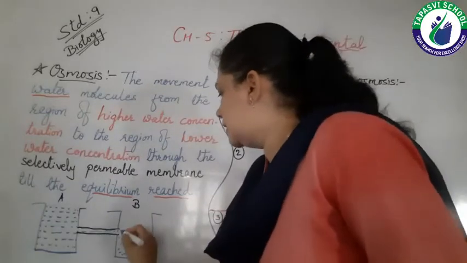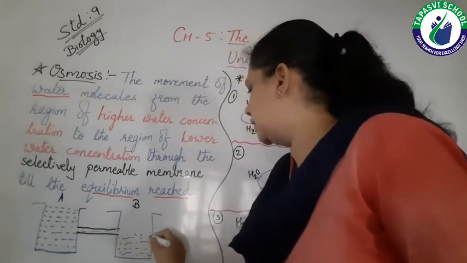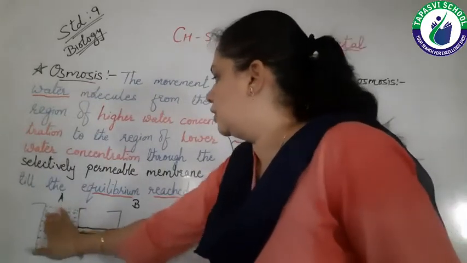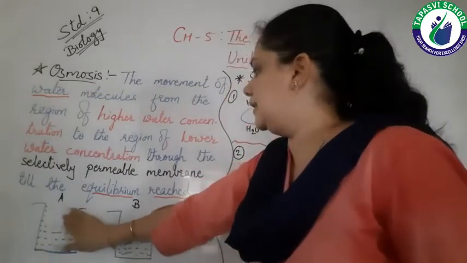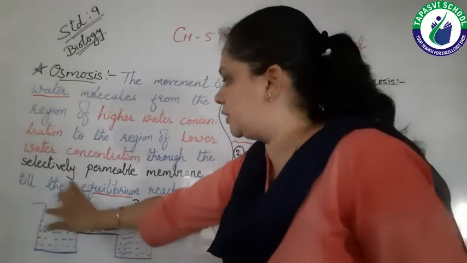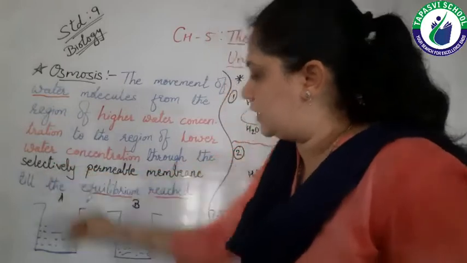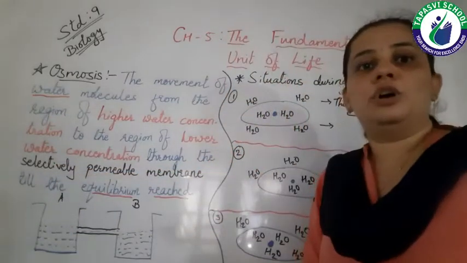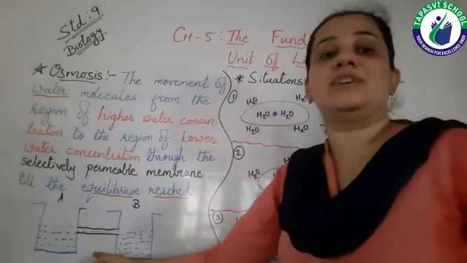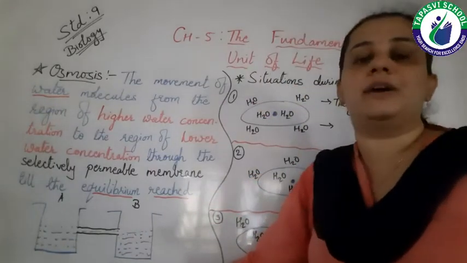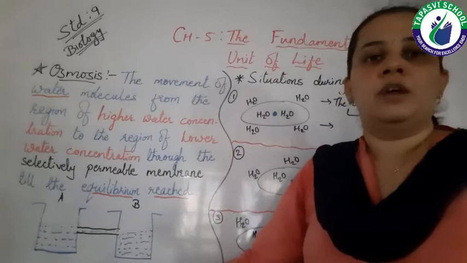Till both the containers get an equal amount of water, the water molecules will move from container A to container B. This is known as equilibrium, meaning in both the containers we now have an equal amount of water.